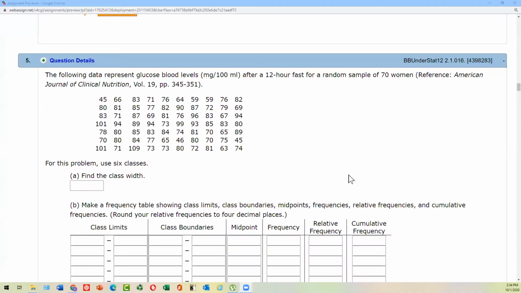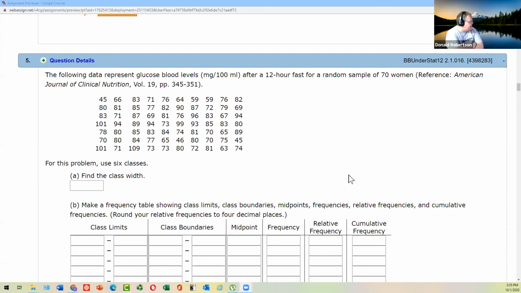Okay, look at this data for me. What is the smallest number and the largest number? Because that's really what I need to answer the question, find the class width. So from this data, what is the largest number and what's the smallest number? We can use that to get the class width. I can say 101.